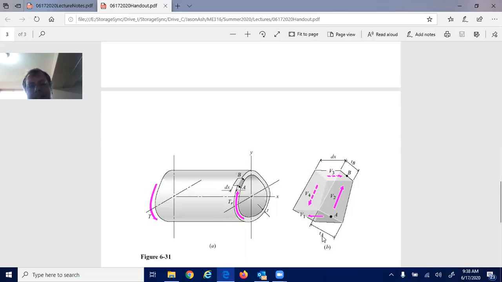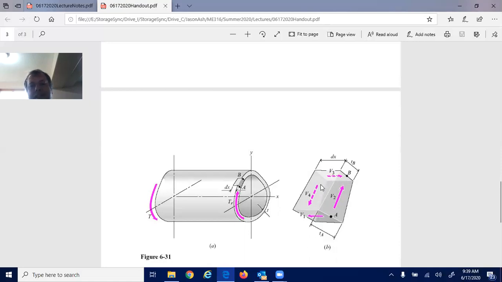Again, the shear stress times the area will give us V1. Same thing on the top: V3 would be equal to the shear stress on this surface B times t_B times dx. And so equilibrium still has to apply. If we sum forces in the x, we'd have V3 minus V1 equals 0, which tells you that V1 is equal to V3.